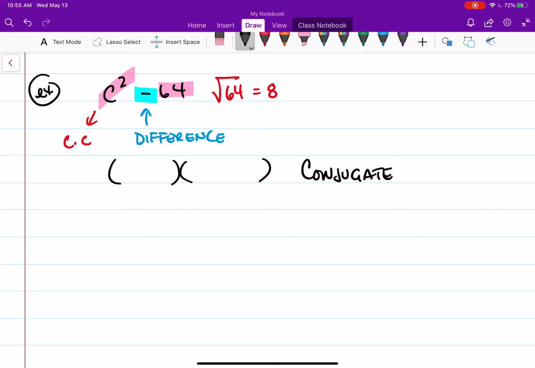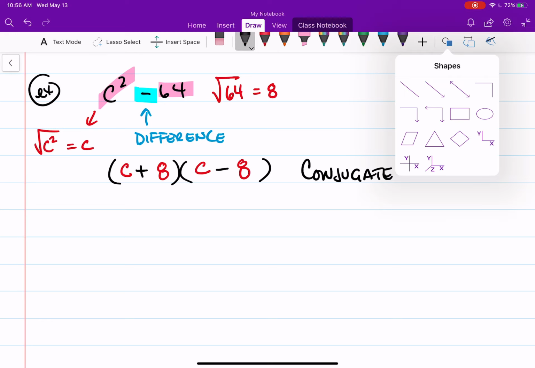The same terms, but one was addition and one was subtraction. So what do I put in here? I said c times c gives me the c squared, or the square root of c squared is c, right? So there's my c. And the 8 just goes in here. Plus minus. And that would be my answer.